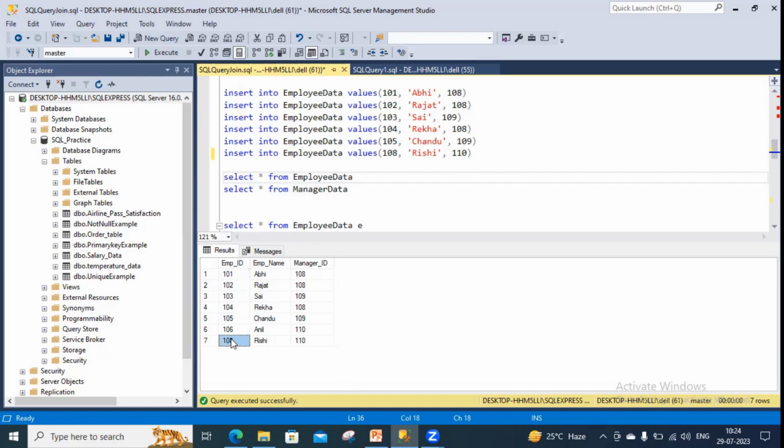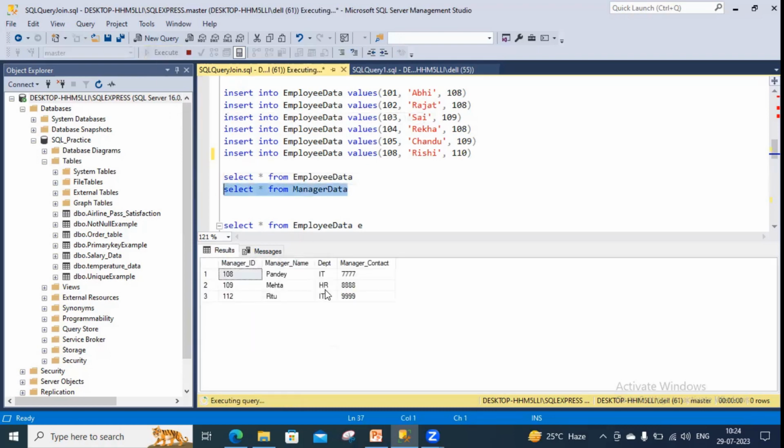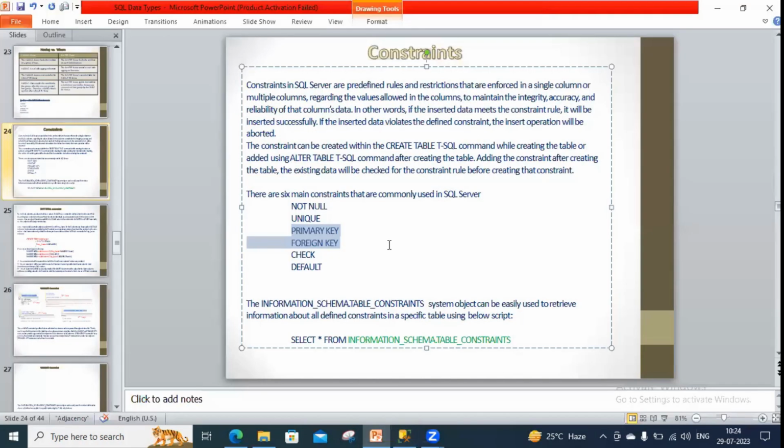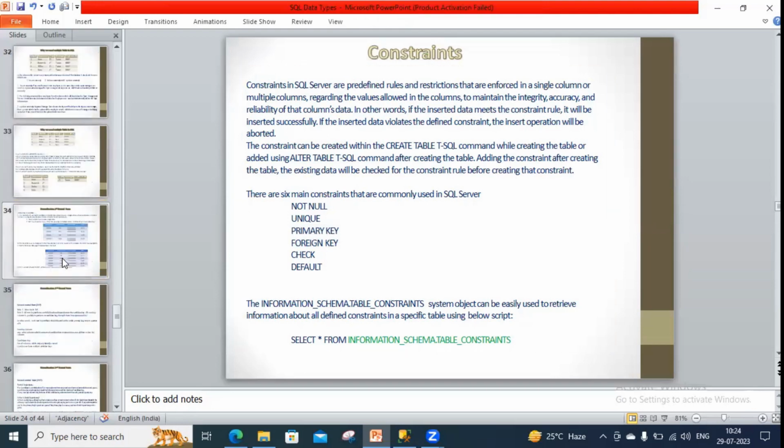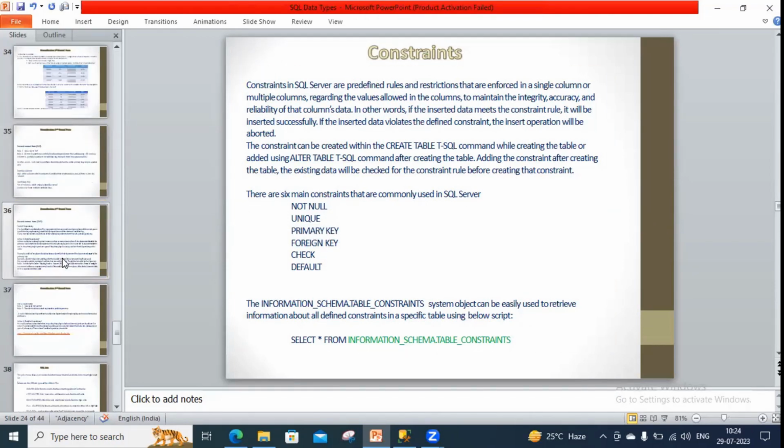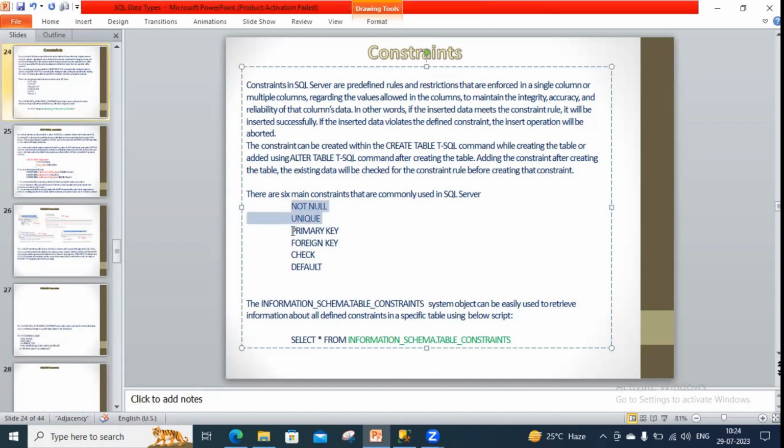You already know it's maintaining a primary key, and manager ID is acting as a foreign key, so that's fine. We'll go through primary and foreign key also during that process, but I do not want to confuse you guys by combining everything together. So I'll go one by one. Now you came to know the link up, right? We went to constraints, but we stopped there and did not go into detail. We'll go into detail now, because this will now be required.